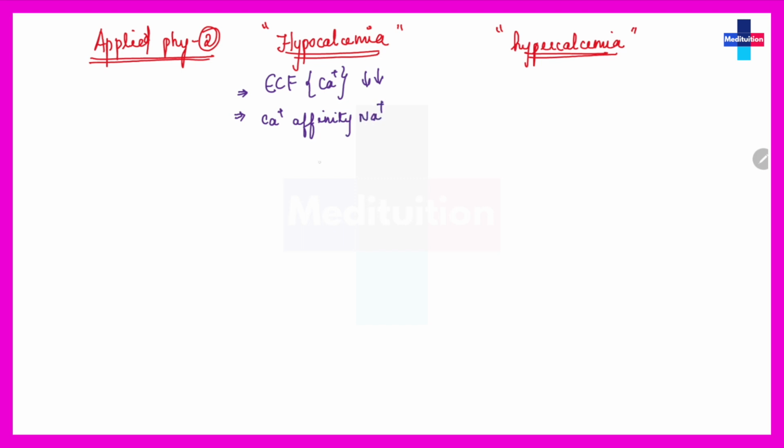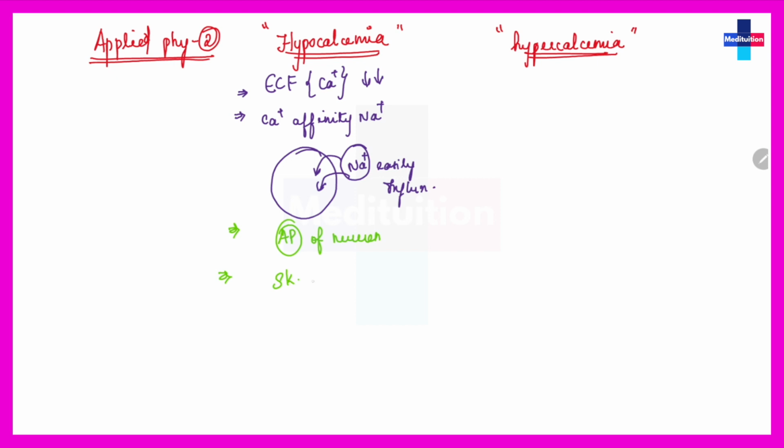Once calcium is less in ECF, sodium is easily capable of coming inside. So sodium easily influxes just because the affinity of calcium is less now. Once the affinity is decreased, sodium influx is there. So obviously action potential of the neuron will be there. And there is no problem in our skeletal muscle contraction as well.